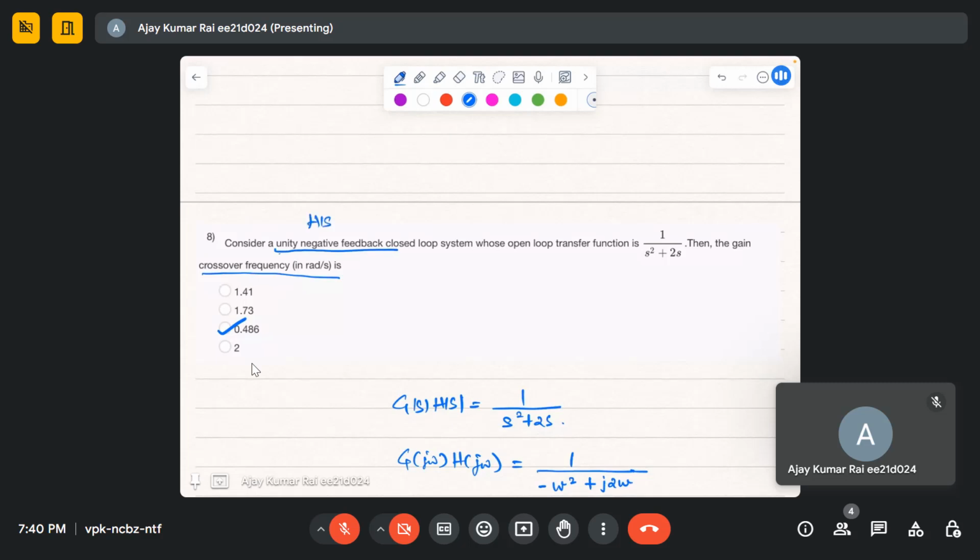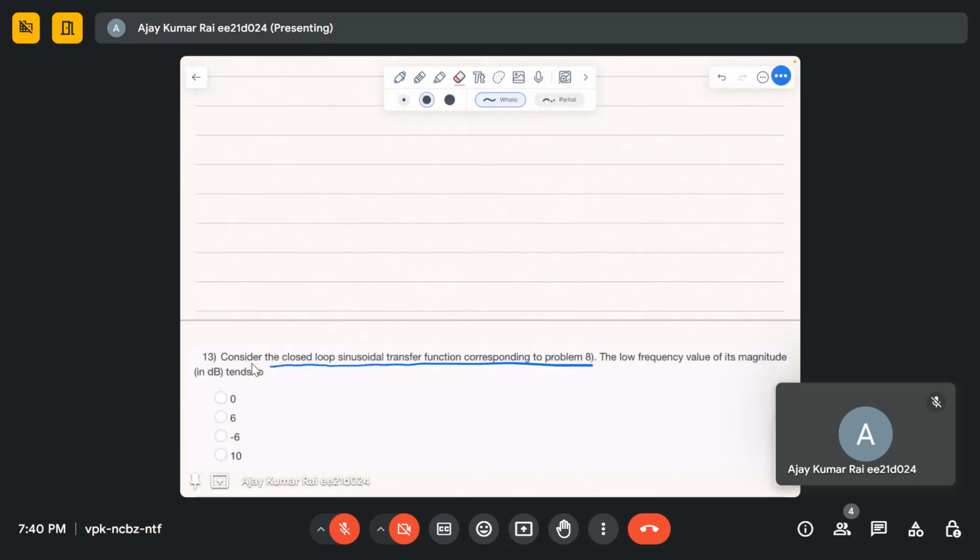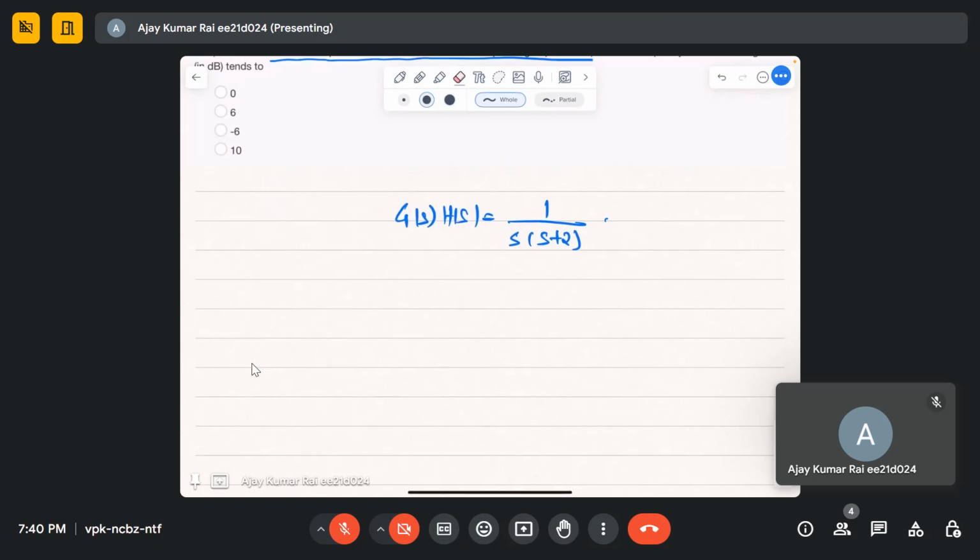That means H(s) is equal to 1, because here we have to write the closed loop transfer function, which is G(s) by 1 plus G(s)H(s). Again, H(s) is equal to 1. So if you write this, what you'll get?